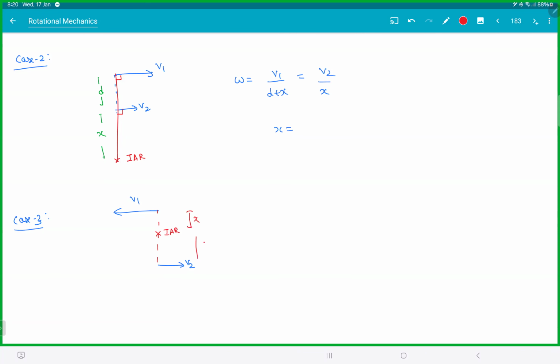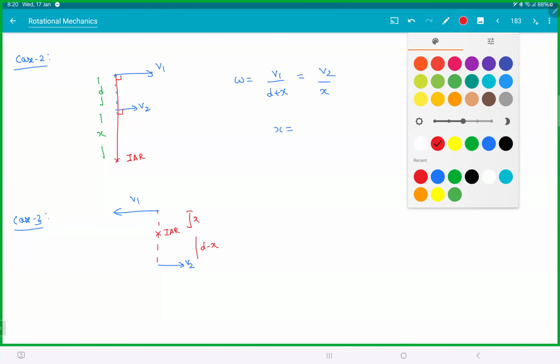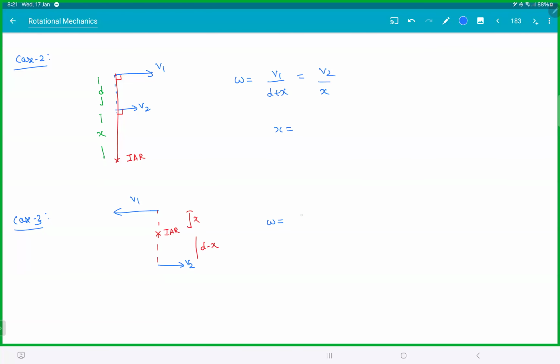Let this be x and let this be d minus x. Omega will be v1 by x, v2 by d minus x. And that's how you can find x here. So if they're parallel or anti-parallel, this is a method. If they're not parallel, then it is fine.